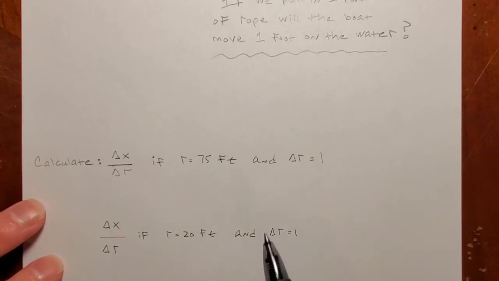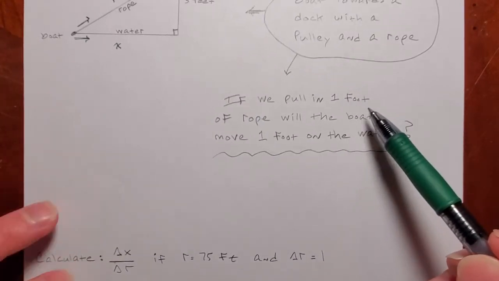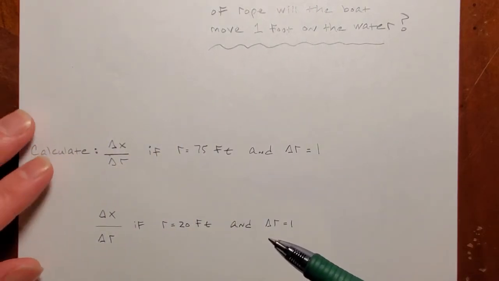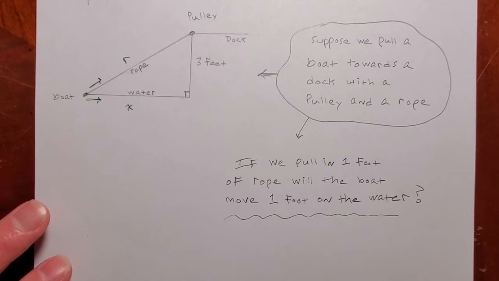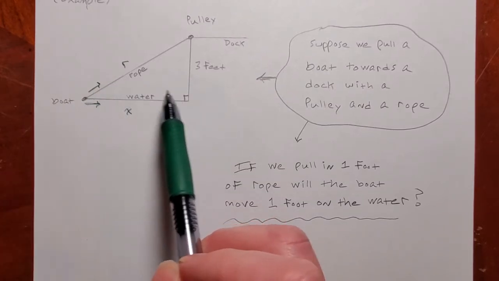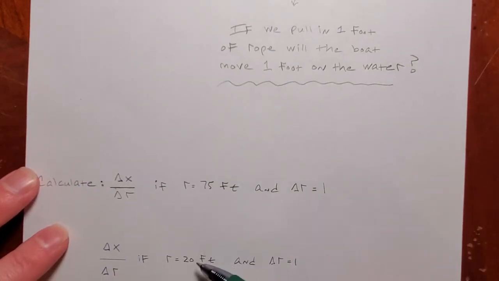Okay. Now, why do both if I say, well, so the rope changes by a foot, in either one? Why did I do both of them? Well, because if the rope changes by a foot, how much the boat moves on the water is going to depend on how far away it is. Okay. So that's why I want to do both.